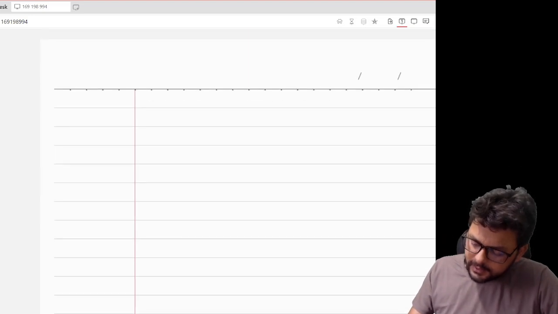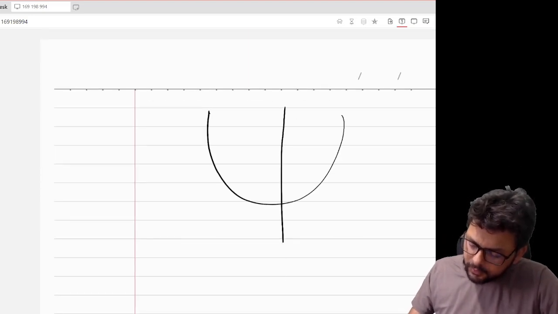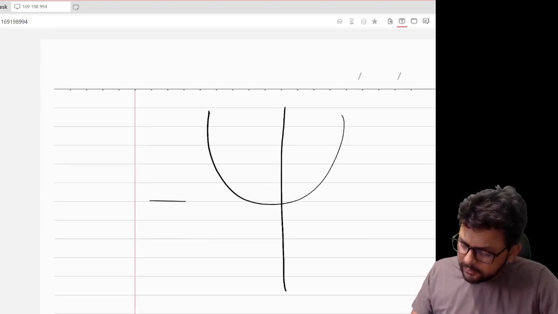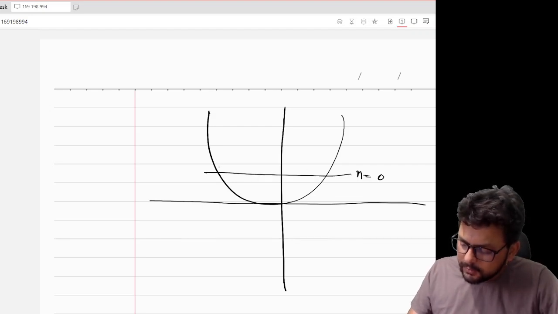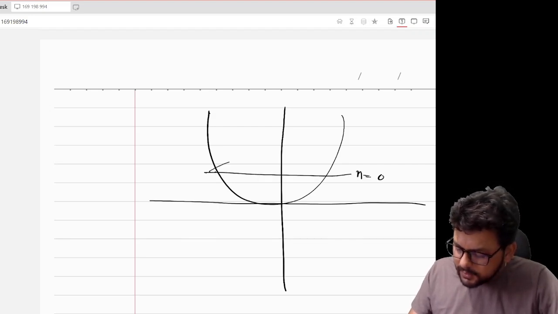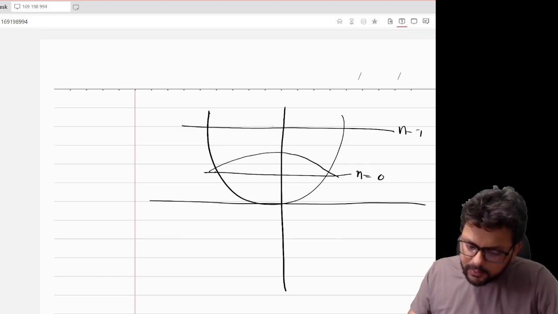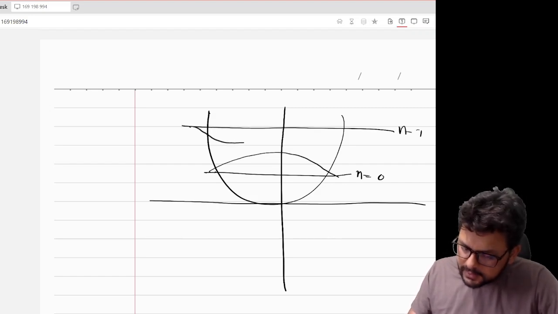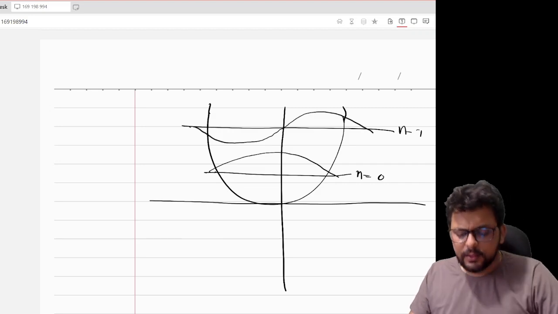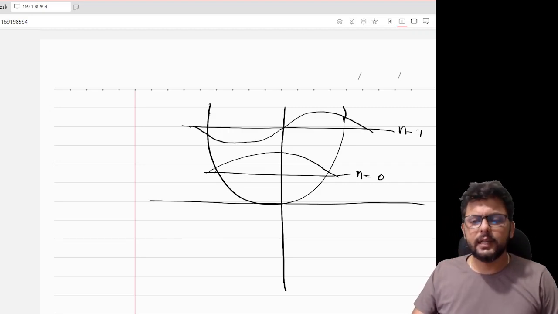In the ground state, n equal to 0, your wave function is something like this. In the first excited state, n equal to 1, your wave function looks like this. So different scenarios are there.